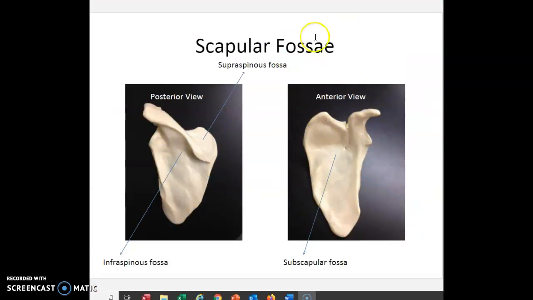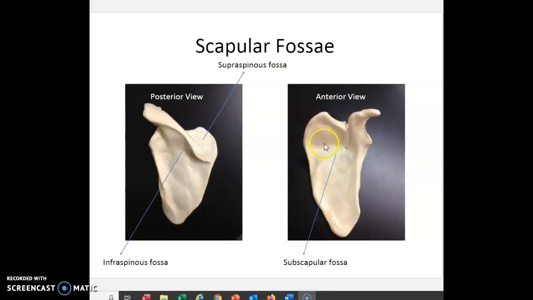So let's look at the fossas, which are these depressions here. Notice sub means under. So even though this is the anterior view, remember this is lying underneath all that pectoral area. If we're looking from the front part of the body, we'd have to look through a bunch of stuff. So sub means it's underneath. And here's our coracoid process, which is always on the front side. Here is the spine, with the acromion process hanging off of it.